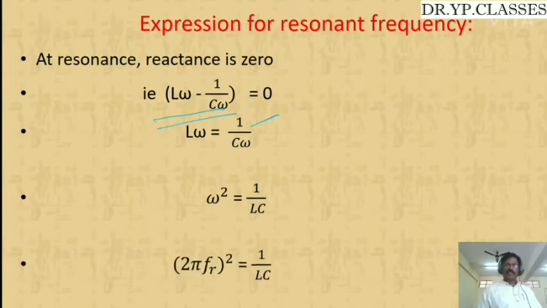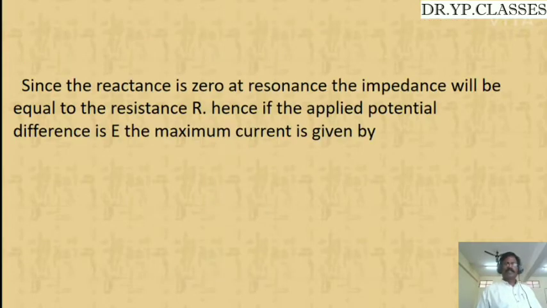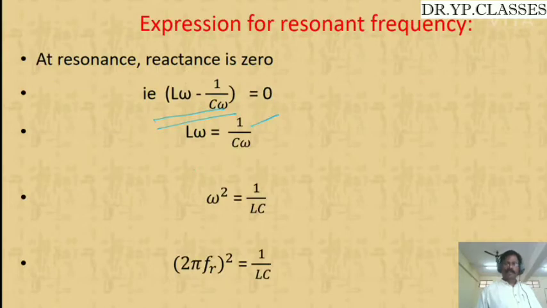Omega square means (2 pi FR) square is equal to 1 over LC. Since the reactance is 0 at resonance, the impedance will be equal to the resistance R. Hence, the applied potential difference is E, and the maximum current is E over R.